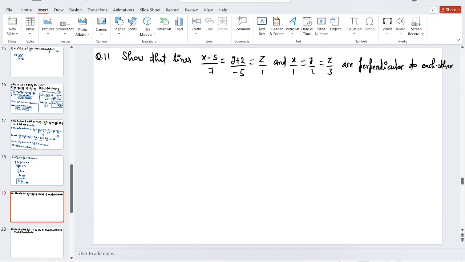Next question: show that the lines are perpendicular to each other. Here the coefficients of x, y, z are plus 1s, so we need not convert here.